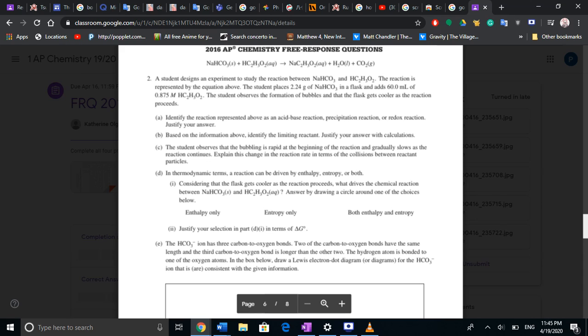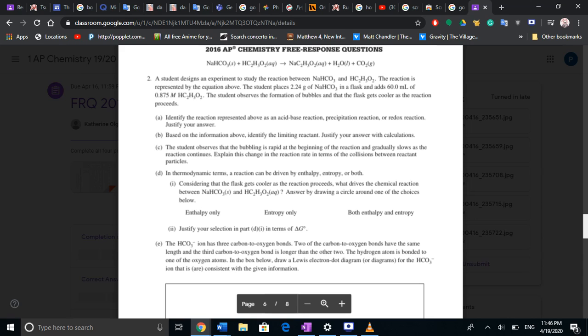We have HC2H3O2, and when we go into our product side, a double replacement occurs. So the sodium and the hydrogen do a double replacement with each other.